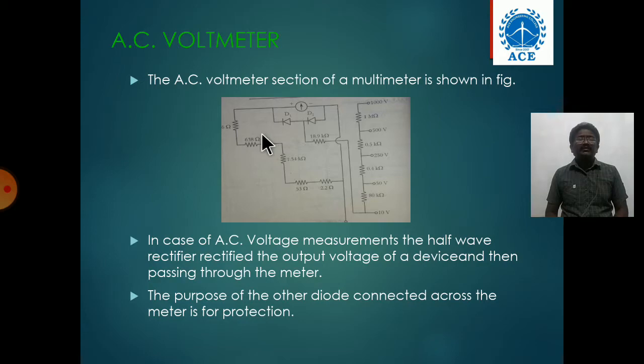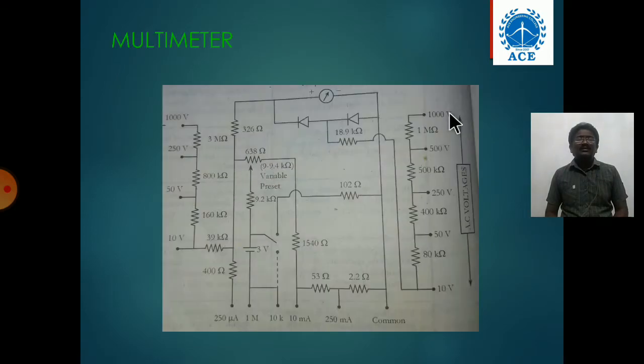Next, the AC voltmeter. This is the right side section and some part of the diode section. Here I have taken two diodes, D1 and D2, one diode for rectification, the other for protection of the meter.